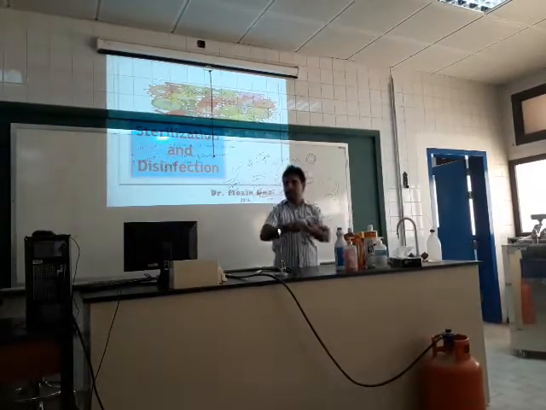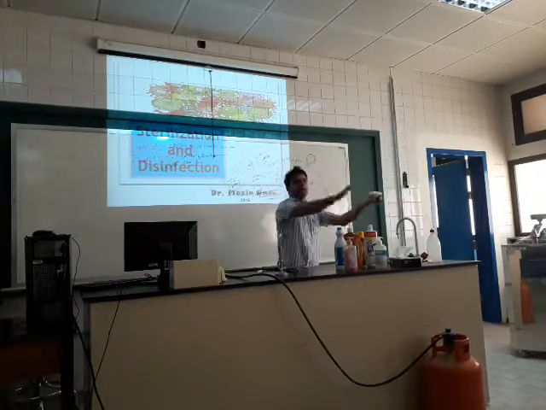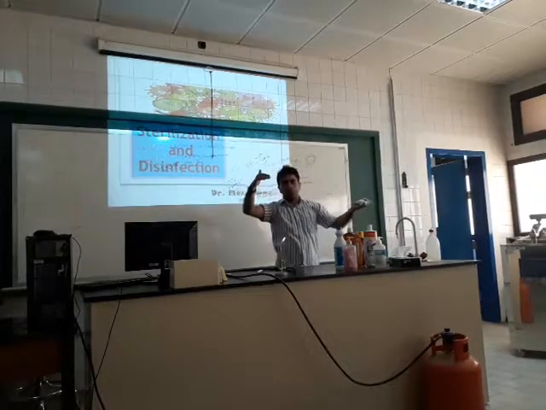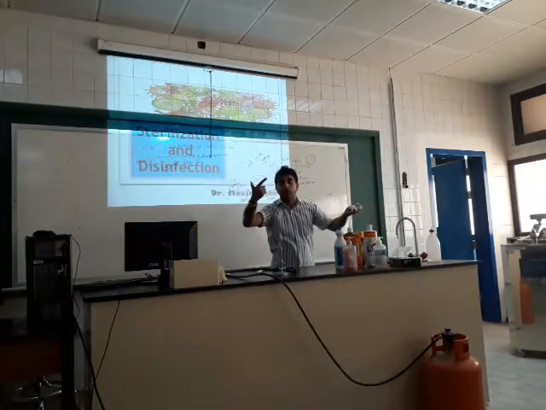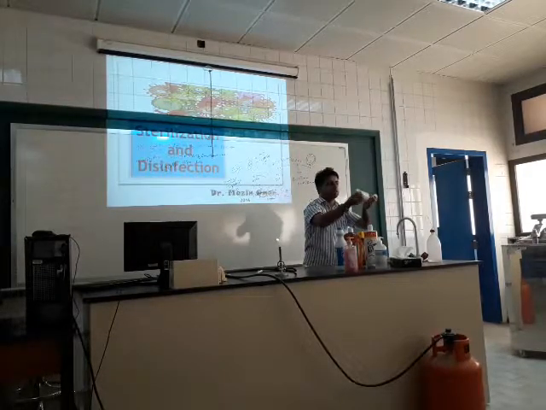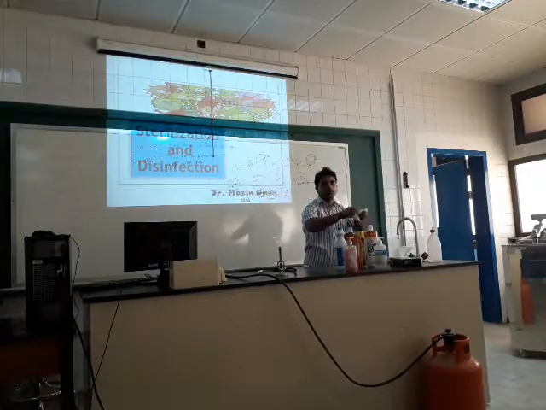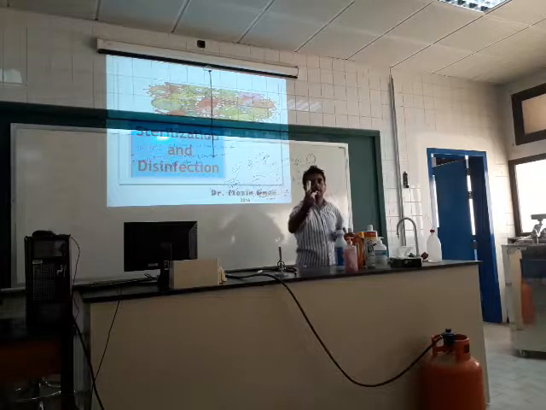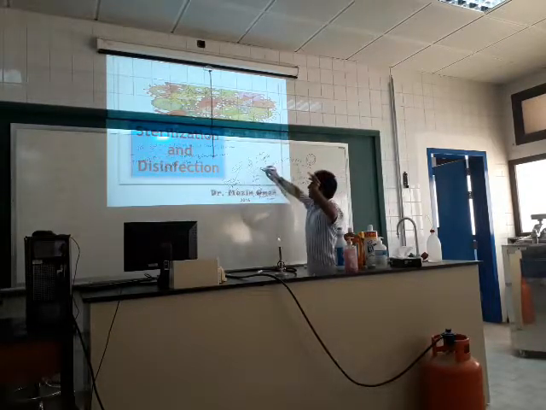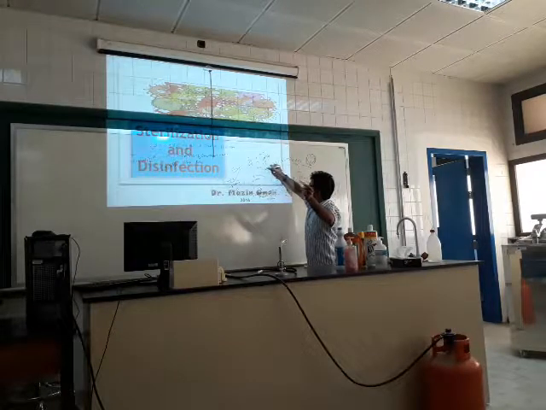Now it stays in the environment like this, and it waits until the temperature goes down. Now the temperature outside is 40 degrees. The bacteria release some kind of enzymes, and it goes like this. Now the bacteria come back to their original form. This is called germination of the spore.